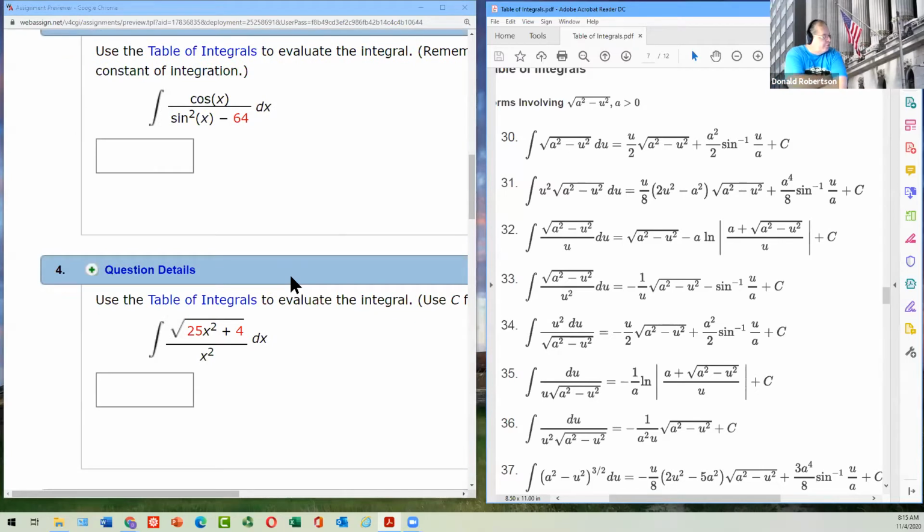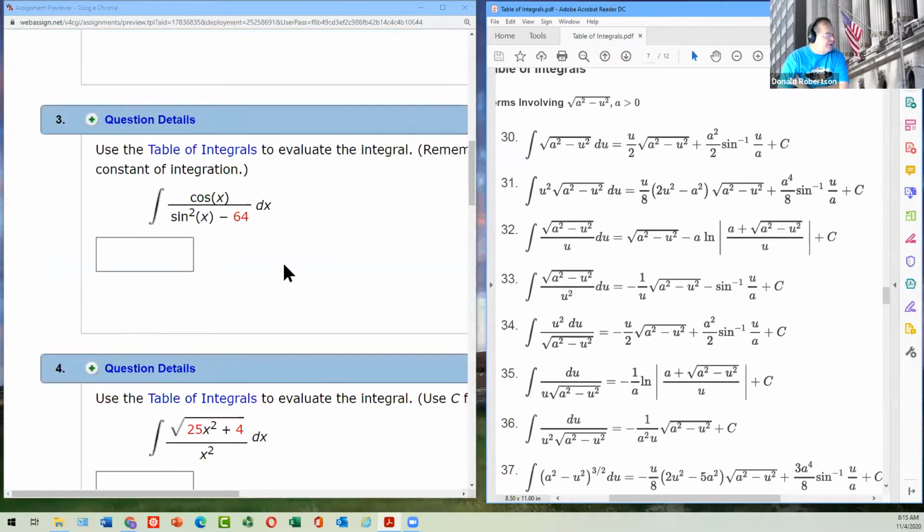What u sub should I use in question 3 in order to get the table? So I do need a u sub in question 3. Sine? Yes, just sine. And if you do it, can you trust me? You get 1 over u squared take away 64. You just trust me on that, right?